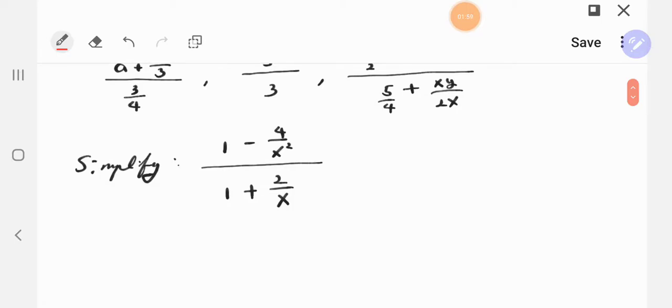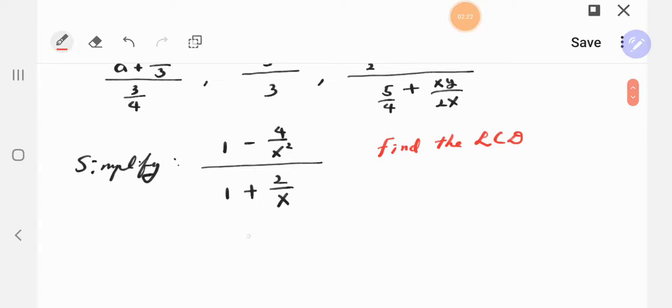Then how do we simplify this? One method is the shortcut method. It's really simple. The first step is to find the LCD.